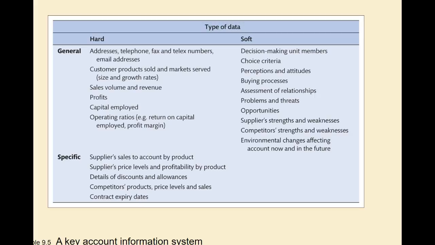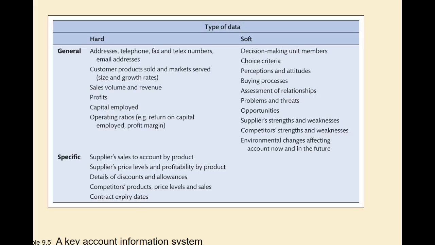General information, the type of data that you're going to have, obviously is going to be the address, telephone number, fax number, email addresses, the customer's products that are sold and the markets that they're sold, their size and their growth rate, the sales volumes and revenue, profits, capital employed, operating revenues, specifically your supplier sales to account by the product, their price level and profitability by the product, details of any kinds of accounts, discounts and allowances, the competitors' products, price levels and sales, and then any expiration dates of the contract.